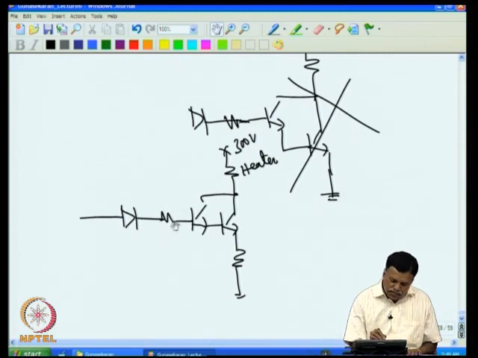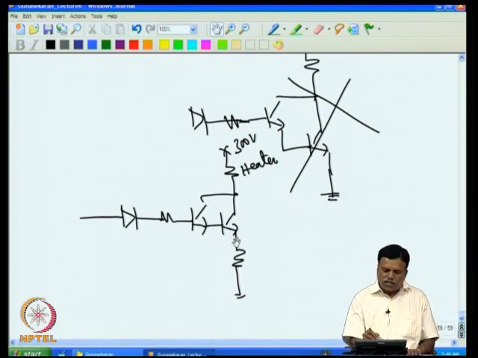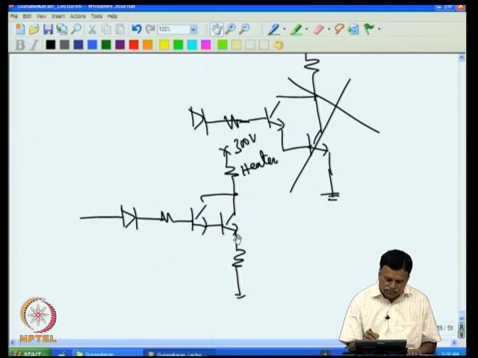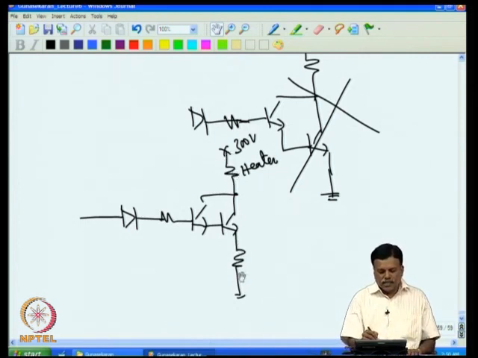And if, for example, 14 volt is present at this point, we know at this point you will have 14 minus 1.2, that will be 12.8. So current through this is now determined by this 12.8 divided by this resistance. Since this current is the same as this current, assuming the base current negligible, I can take this and this as essentially the same.